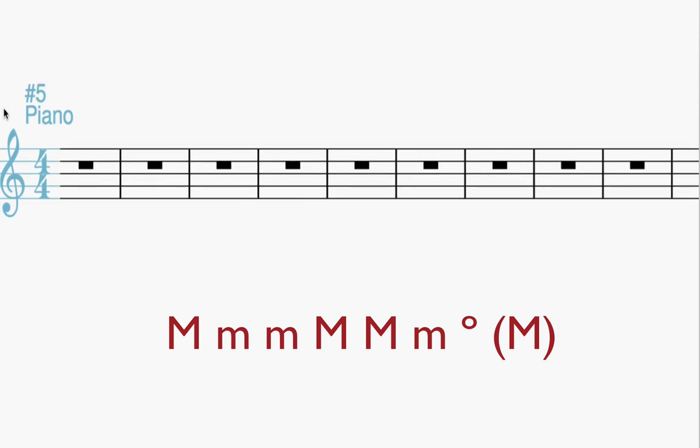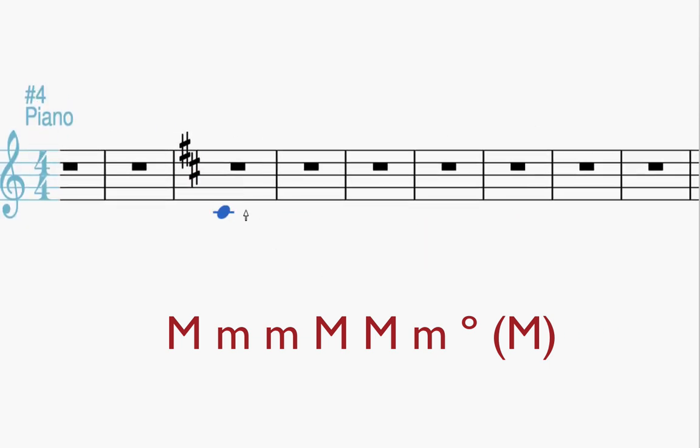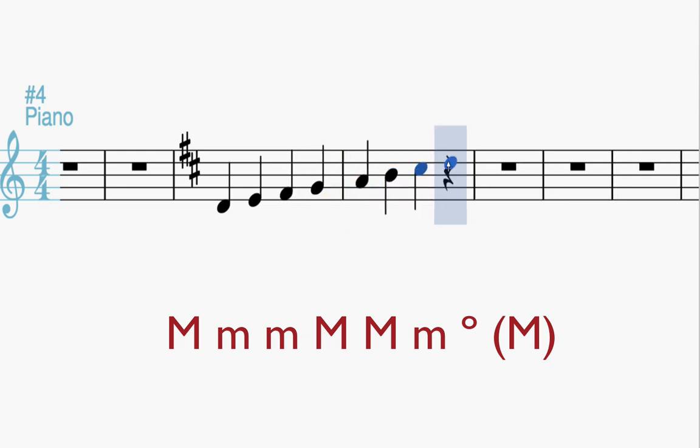Let's try it in a different key. Let's just zoom ahead here a little bit, and let's do it in the key of D. So let's write out a D major scale. Okay, same pattern applies. If we make chords in the key of D major, our first one is going to be a major chord.